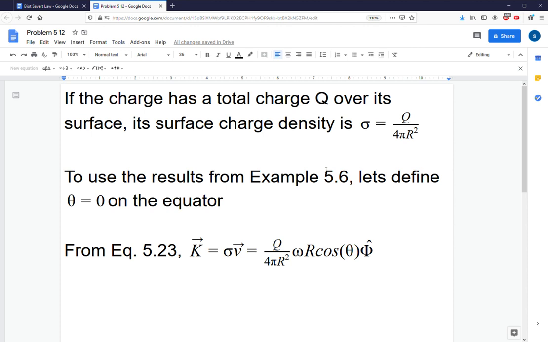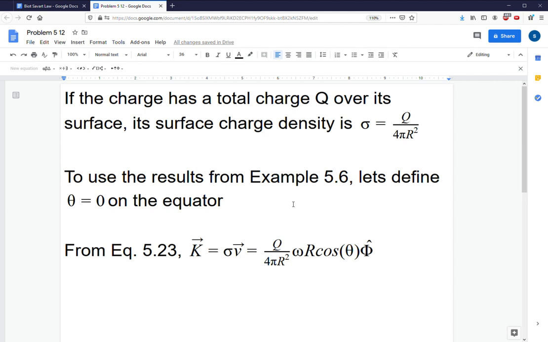Now, to find the piece of current, we can use equation 5.23 on page 220. The K variable, current per unit width, with a surface charge density sigma and velocity v, is K equal to sigma times v.